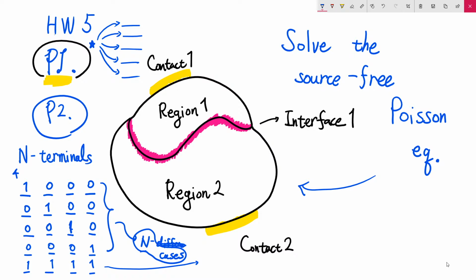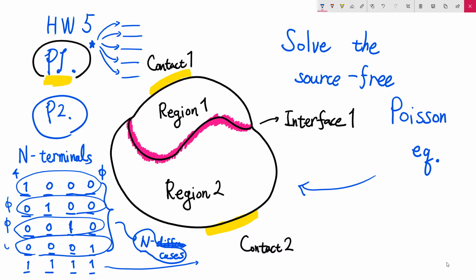As a solution of each bias point, you will have the solution phi. So phi for this condition and phi for this condition; for each boundary condition you will have a different phi. Then make the sum of these phis, draw it, and compare it with this 1, 1, 1, 1 case.